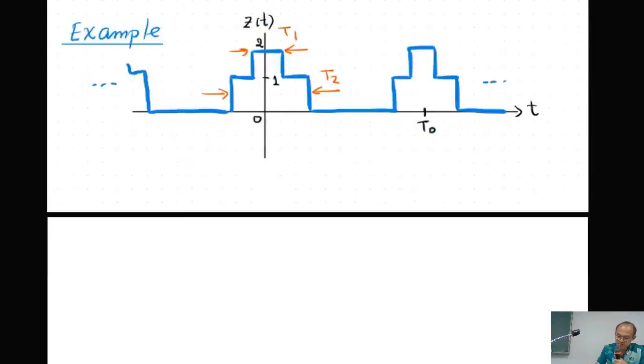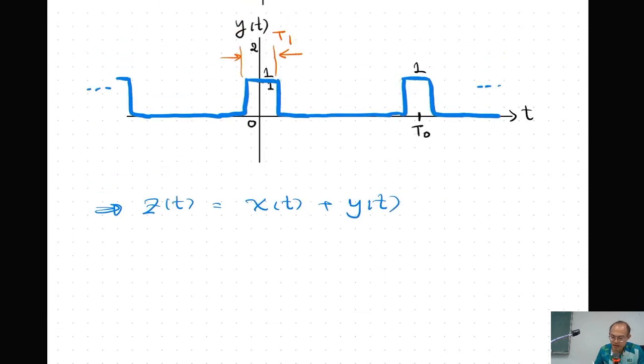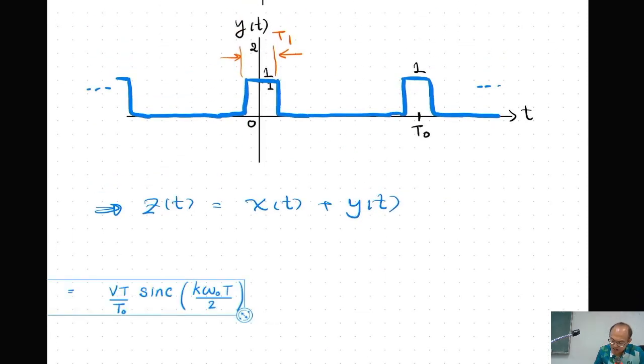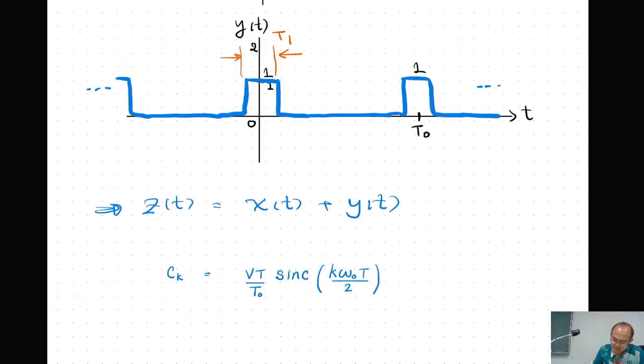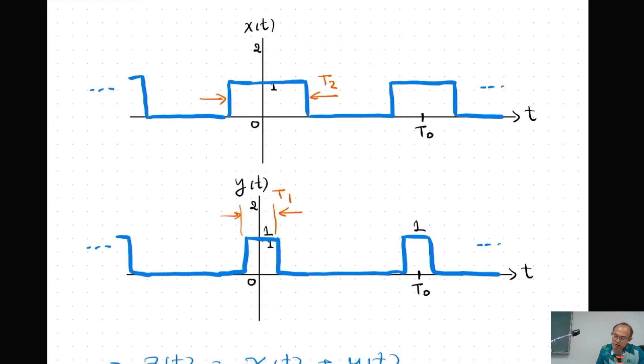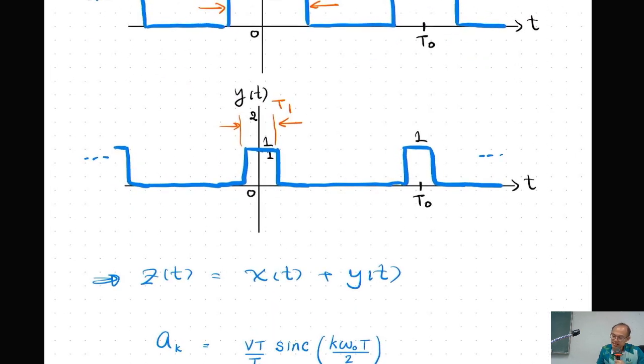The Fourier series coefficient of x, we denote by a. This is a. Okay, and v is 1. T is t0, T is t2, so it is t2 here.